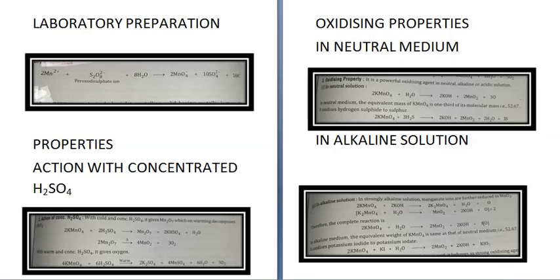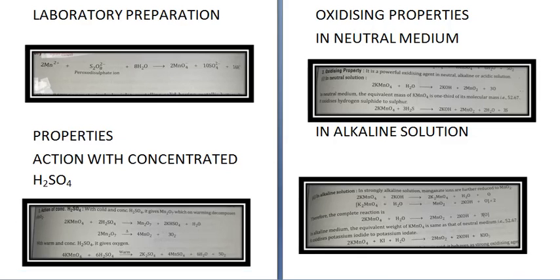Next property is oxidizing property. It is a powerful oxidizing agent, and it reacts separately in neutral, alkaline and acidic medium. In neutral medium, the equivalent mass of KMnO4 is 1/3 of its molecular mass, and it oxidizes hydrogen sulfide to sulfur.